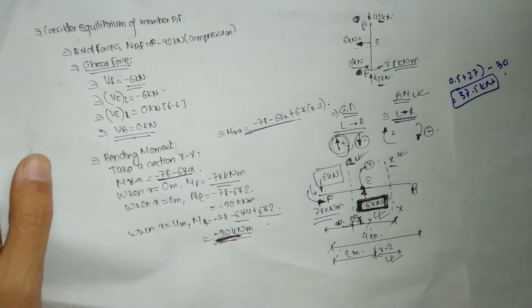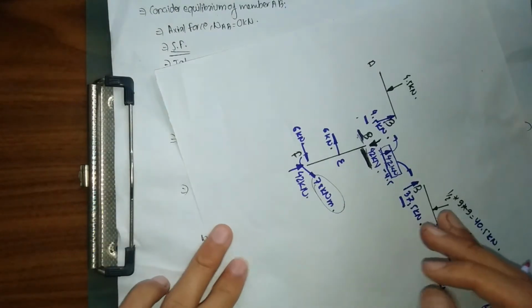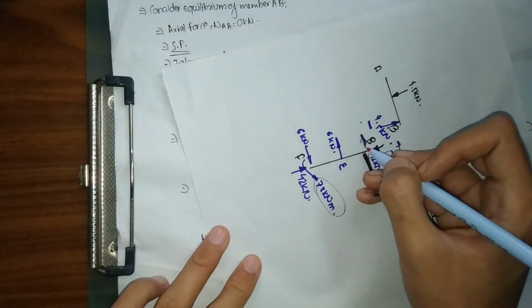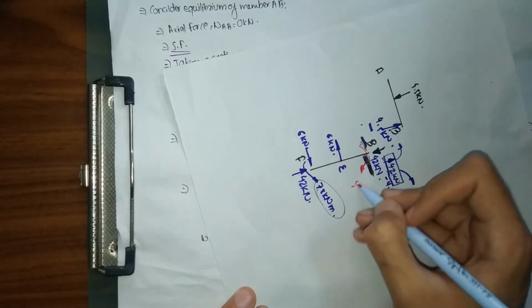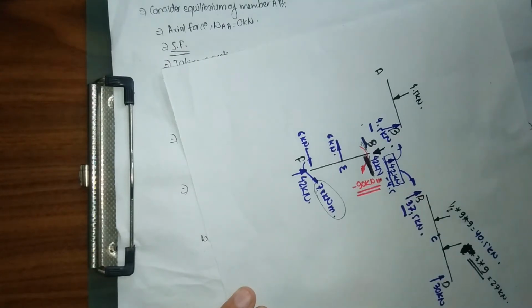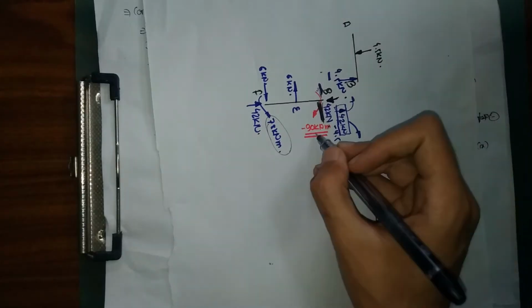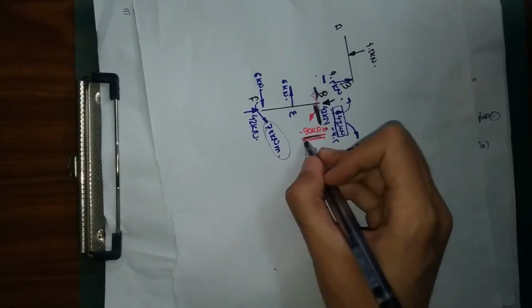I got a bending moment of minus 90, which means anti-clockwise, which means minus 90 kilonewton meter. So now we have taken our direction of bending moment at B in this way, in our anti-clockwise direction. Let me explain why we have taken this in anti-clockwise direction, because right now we have here hogging bending moment because of negative direction.